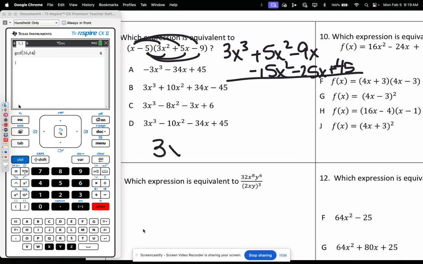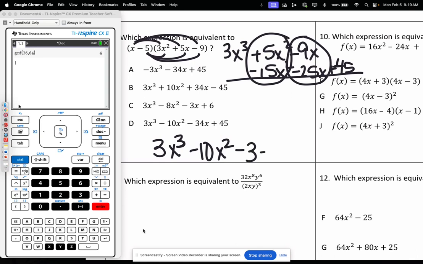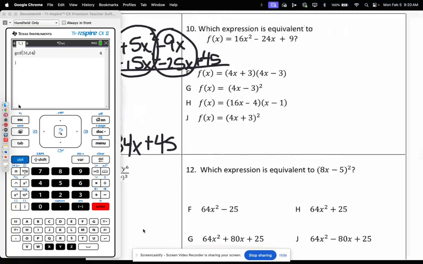So I get 3x cubed right here, combining like terms, minus 10x squared. If you're not sure about negative 9 and negative 25, you can use your calculator. It is going to be a negative 34. And then we have the positive 45. So this one is D. And again, you can graph this and you can graph your answer. And if they overlap, you know you did it right.